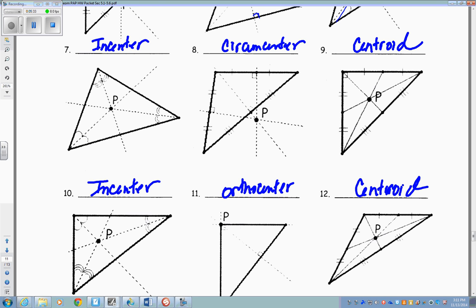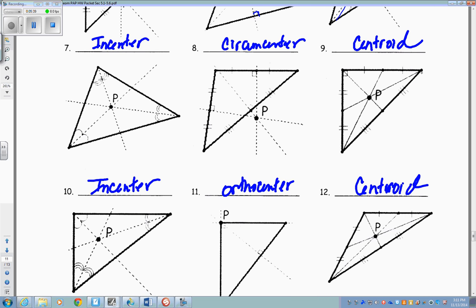9 is a centroid because they're showing you medians only. It's a midpoint going to the vertex. The segments that they're showing you are medians. So all you see are the tick marks on the outside, correct? So that's proving that this is a midpoint. That's a midpoint. Over here, midpoint, midpoint.